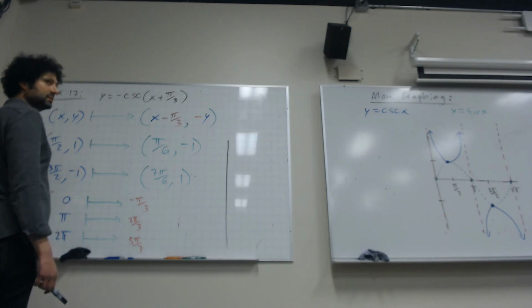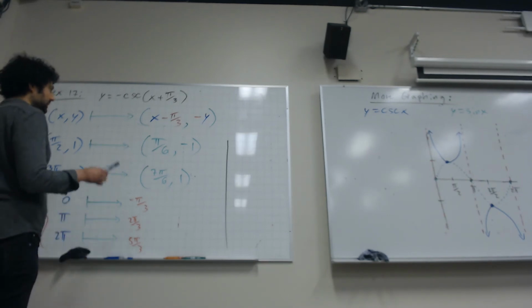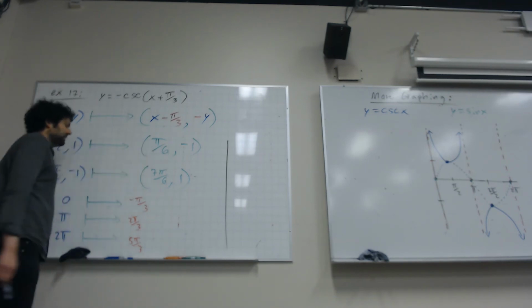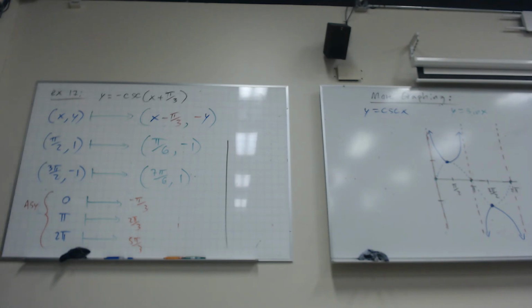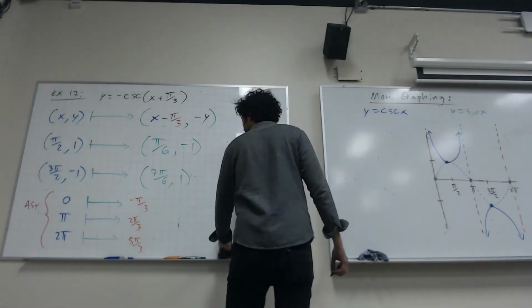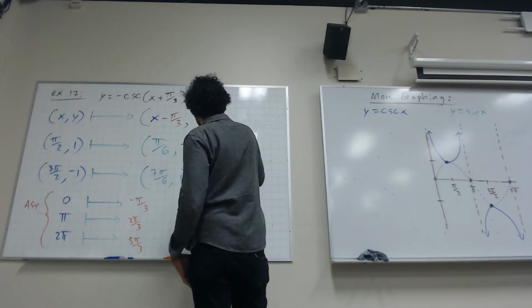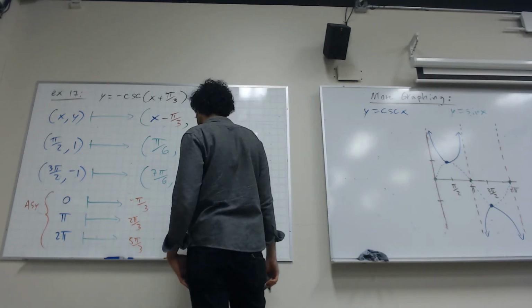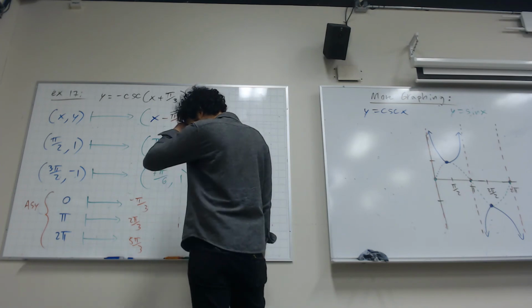They're pi over 2. Starting at negative pi over 3, we're going to go pi over 2. That's how many pi over 6s? 3 pi over 6s. Okay.